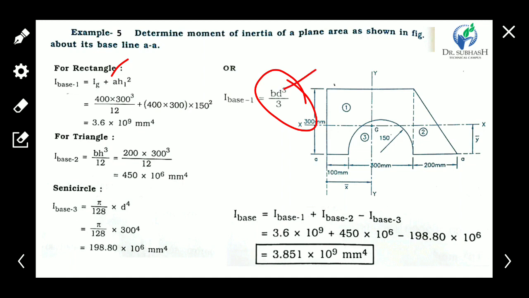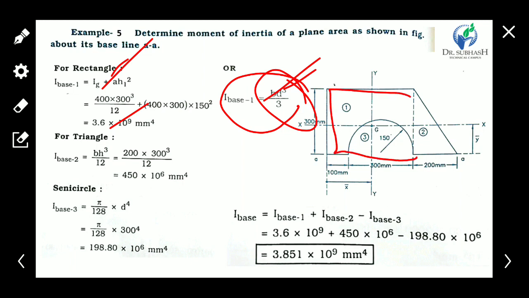So we can directly get the moment of inertia; otherwise we can also use the parallel axis theorem, but we have a direct equation, so go through that. So calculation is easy, and finally we get the value of moment of inertia for the rectangle section.